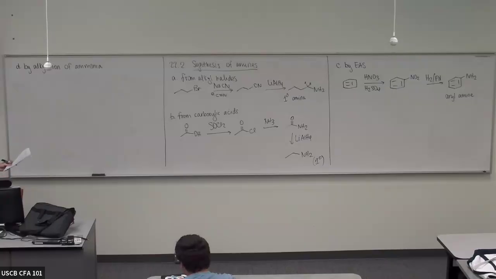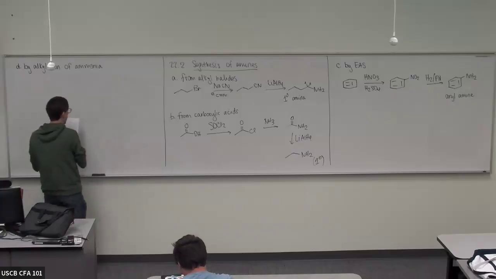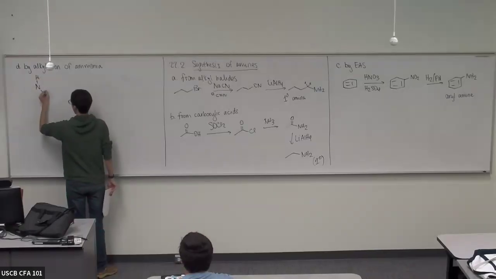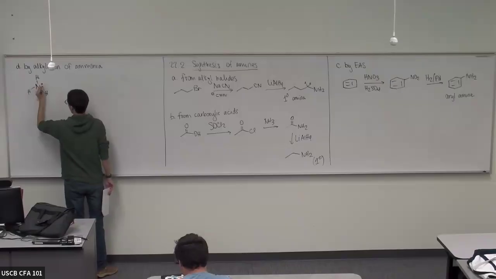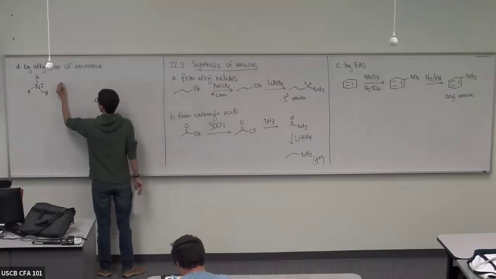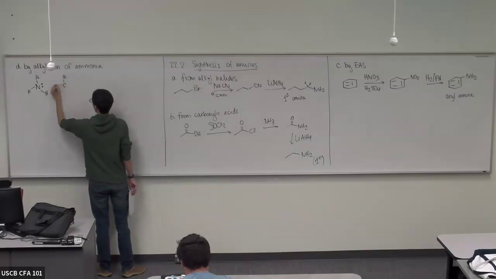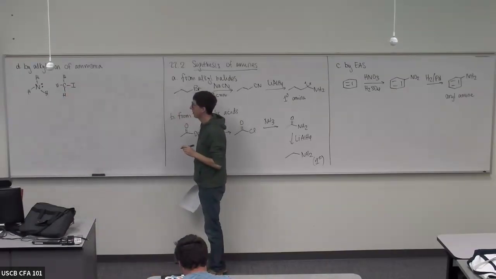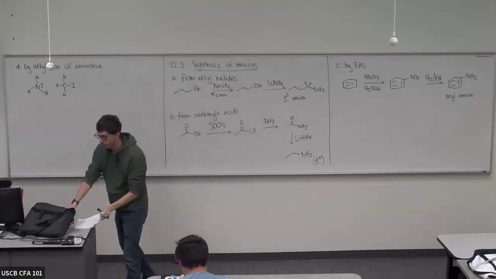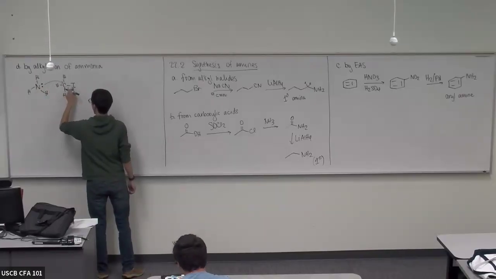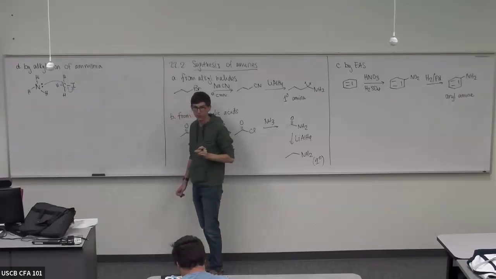There's another one which is actually even worse, but I'll show you why it's worse. Alkylation of ammonia. So as I said at the beginning, you can treat amines like ammonia as nucleophiles. So if we have, for example, methyl iodide, this is just an SN2 reaction.